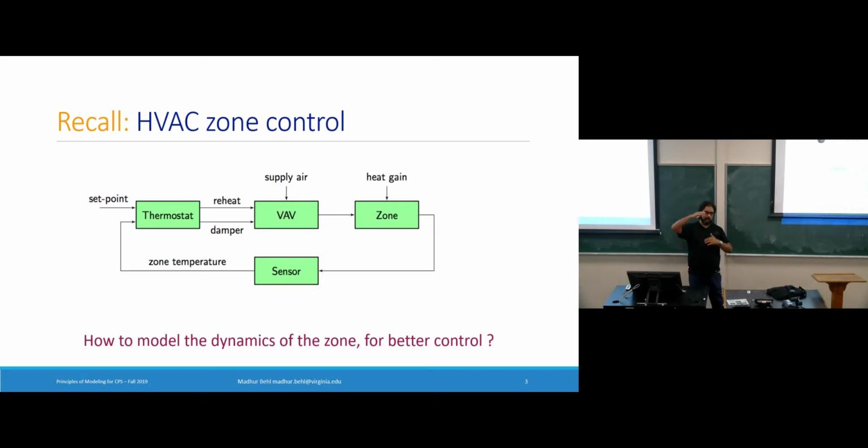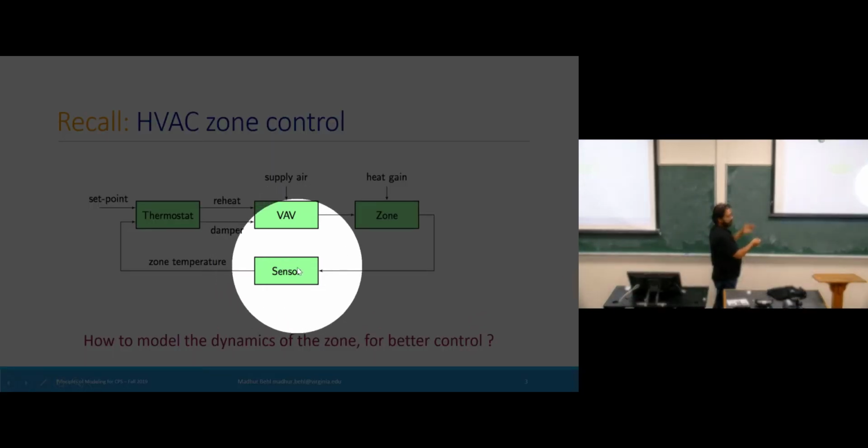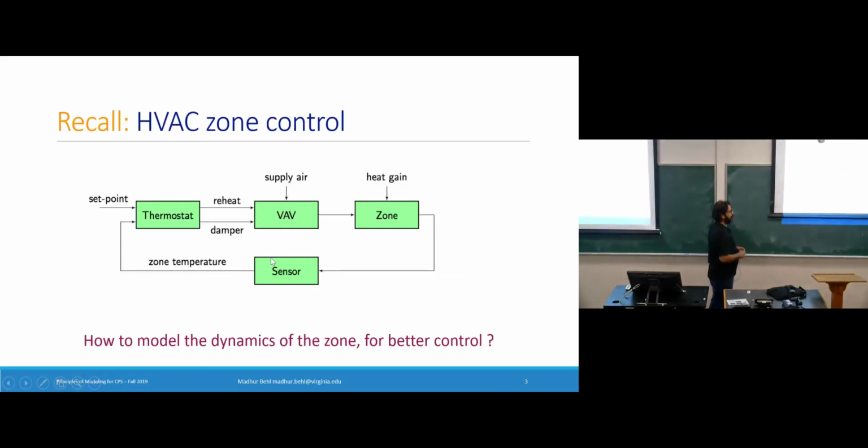Then the dampers and the reheat at a local level will control essentially the heat extracted from the zone, right? Or they're controlling the set points of the supply air temperature and the mass flow rate to get the heat out of that zone if we're talking about cooling. And so there's a constant mismatch between what we sense from the zone through the thermostat or the thermocouple sensor inside the thermostat.